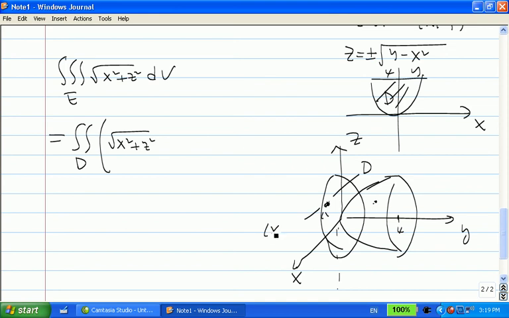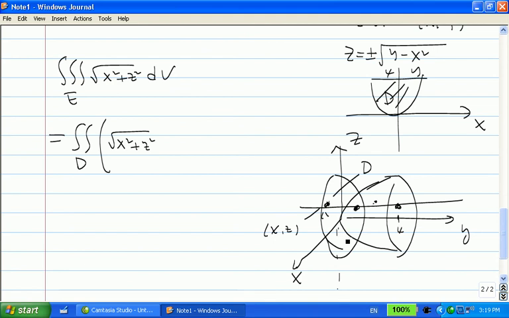Now, what is the restriction for y? Your y should be bigger than the point you hit on the bottom surface and less than the point your y hits on the top surface.